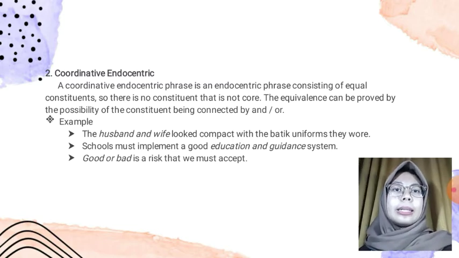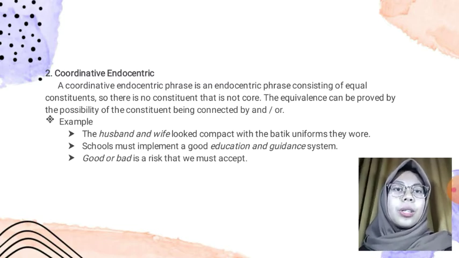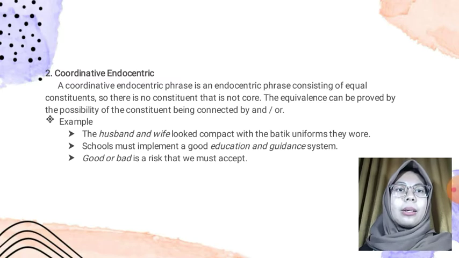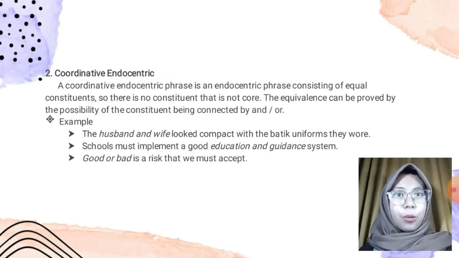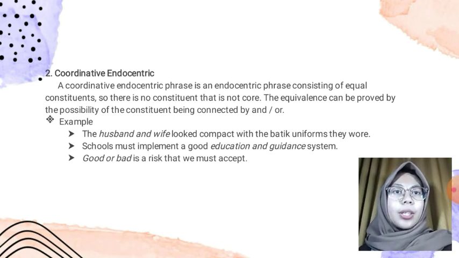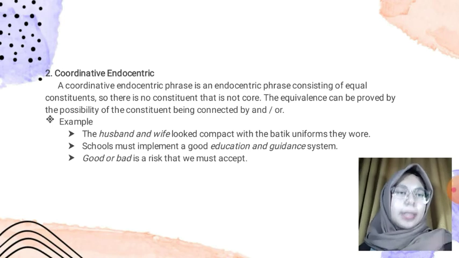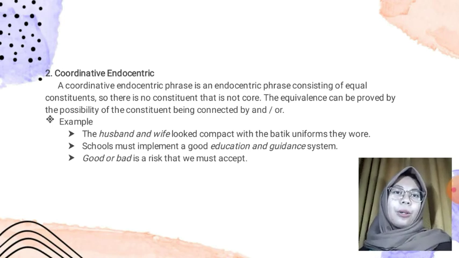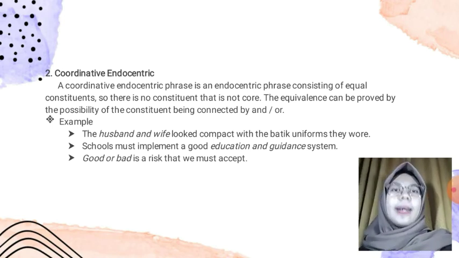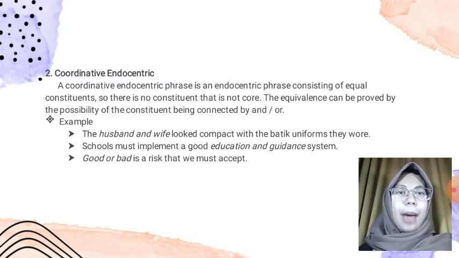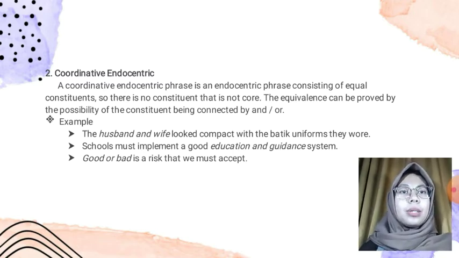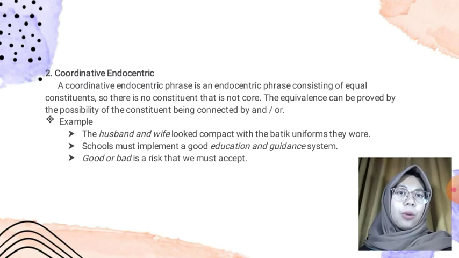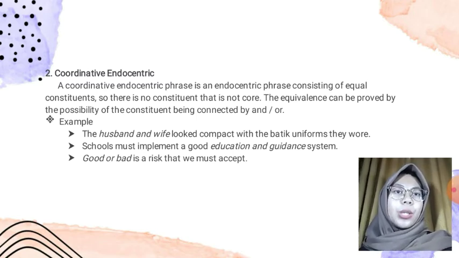And the second is: Schools must implement a good education and guidance system. So, the coordinative endocentric is education and guidance. Okay, so the last example is: Good or bad, a risk that we must accept. So, the coordinative endocentric is good or bad.